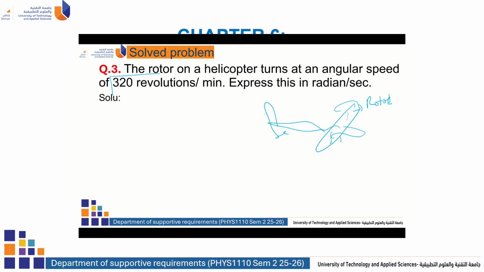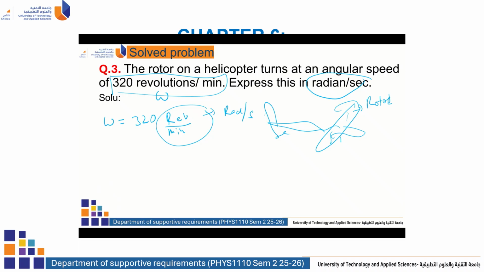This is the angular speed, basically omega. They are asking to express this angular speed in the unit of radian per second. The value of omega is given as 320 revolutions per minute, and they are saying this should be radian over second.